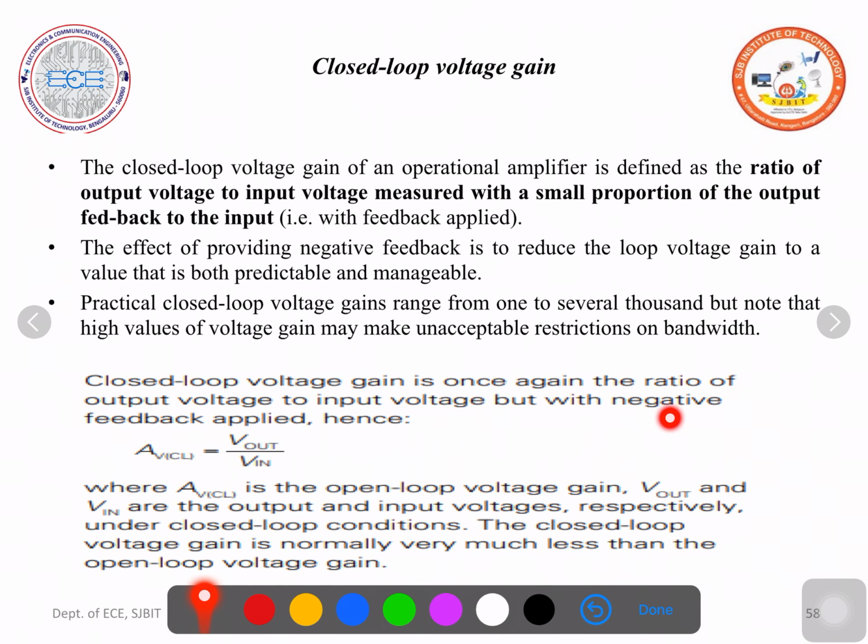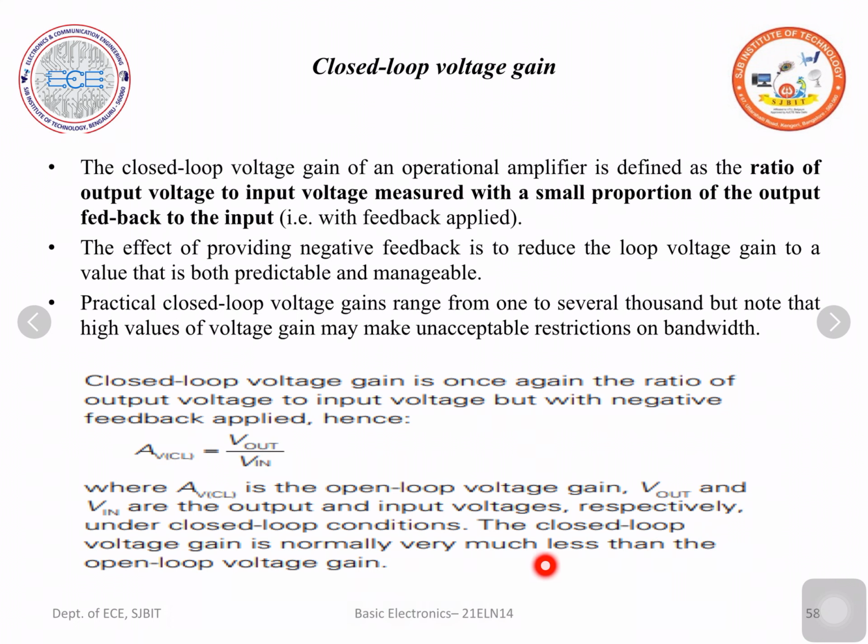is a feedback. When there is a feedback, usually this feedback will be negative feedback, because the gain of this operational amplifier is very large. To decrease this, we will go for the negative feedback. So where AVCL is the closed loop voltage gain, V out and V in are the output and input voltages respectively.